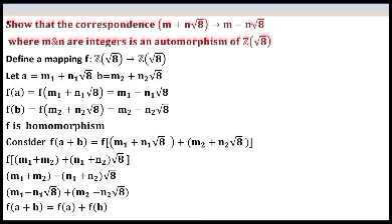Rearranging these terms, we get f of m1 plus m2 plus n1 plus n2 into root 8. Now, applying the definition, we get m1 plus m2 minus n1 plus n2 root 8. Rearranging the terms, we get m1 minus n1 root 8 plus m2 minus n2 root 8. That is f of a plus f of b.